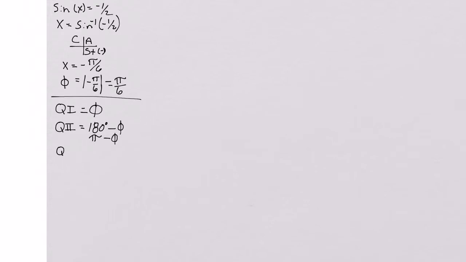If you're in quadrant 3, you're going to do 180 degrees plus your reference angle, or pi plus your reference angle. It just depends on whether in degrees or radians. And last but not least is quadrant 4. With quadrant 4, you're going to do 360 degrees minus your reference angle, or 2 pi minus your reference angle.